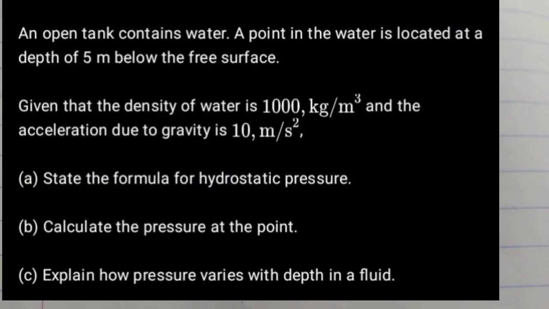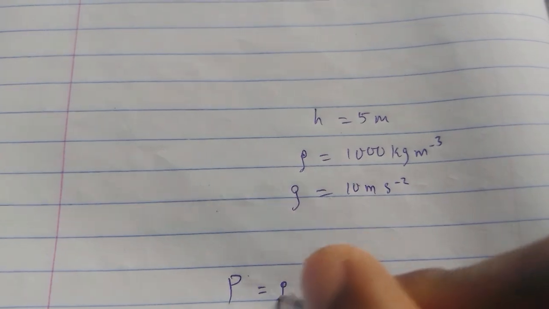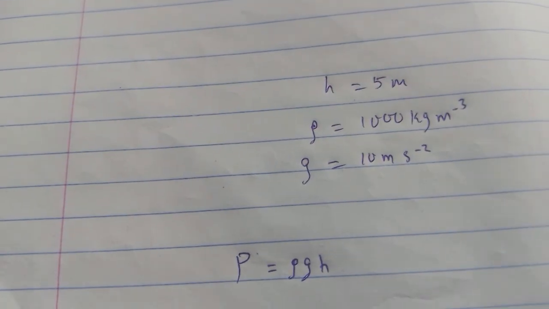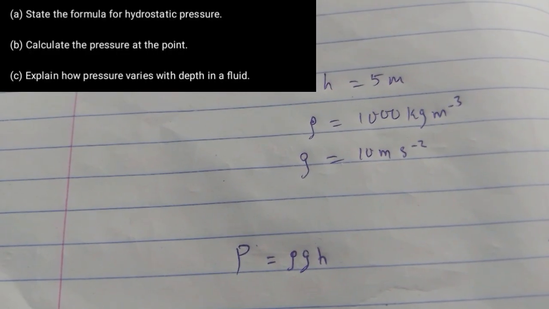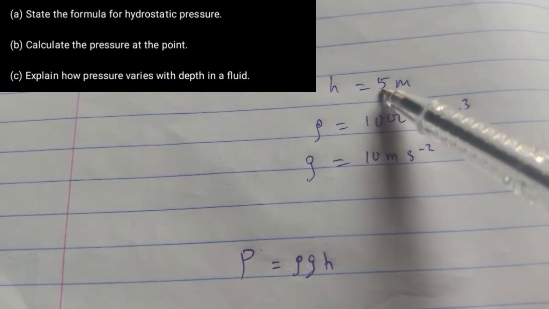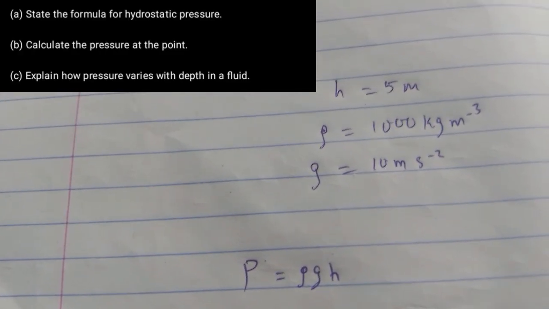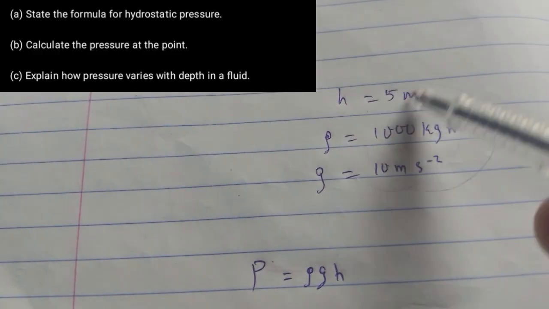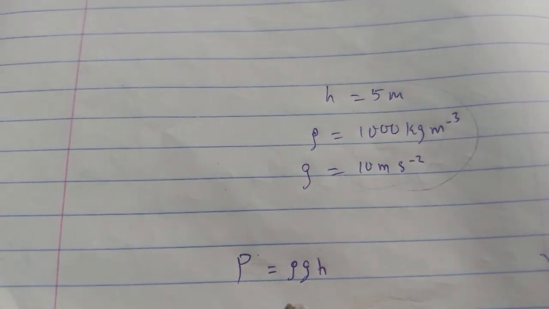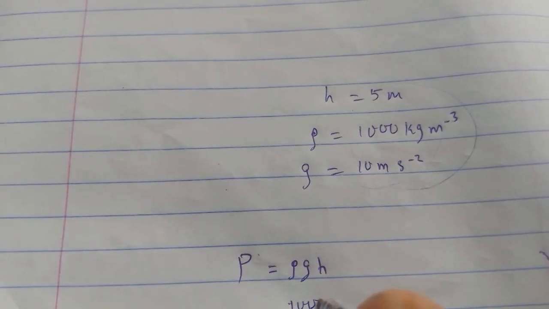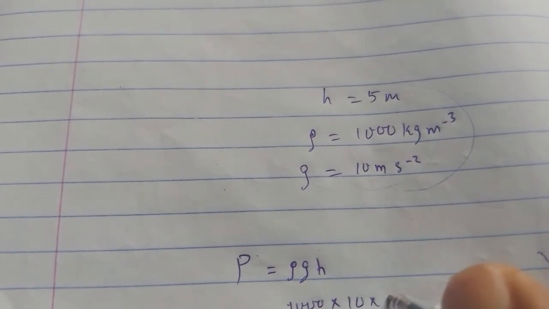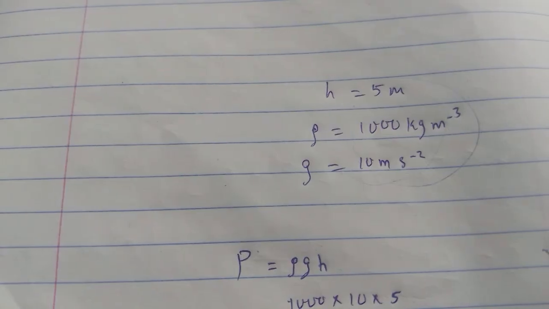Now there are 3 questions here. The first question is, state the formula for hydrostatic pressure. It's very easy. That's the formula I told you to memorize: hydrostatic pressure P is equal to rho g h. Number 2, calculate the pressure at the point, 5 meters. We just have to do the math. Density is 1,000, gravity is 10, height is 5.